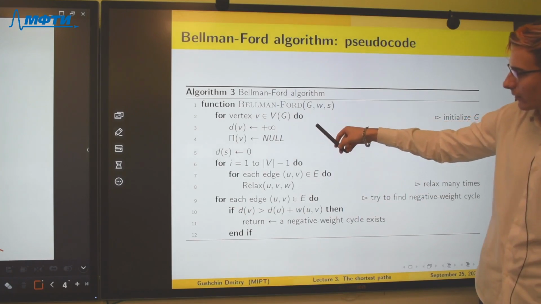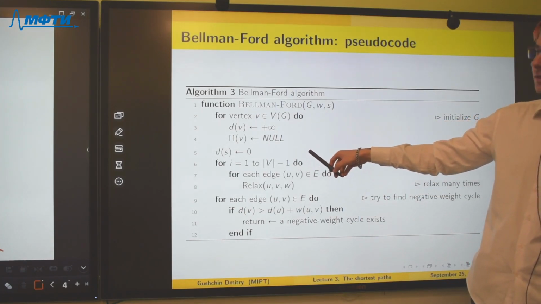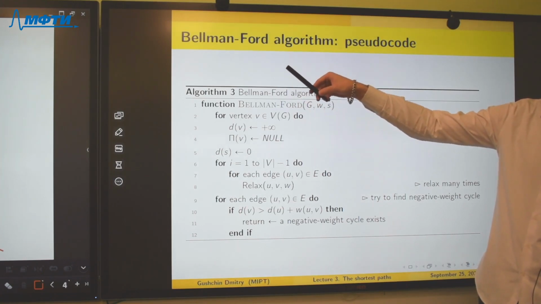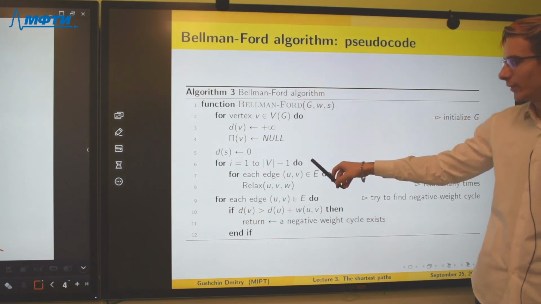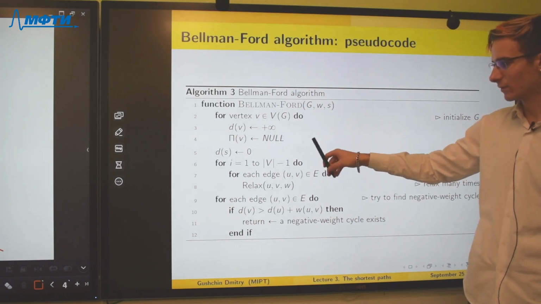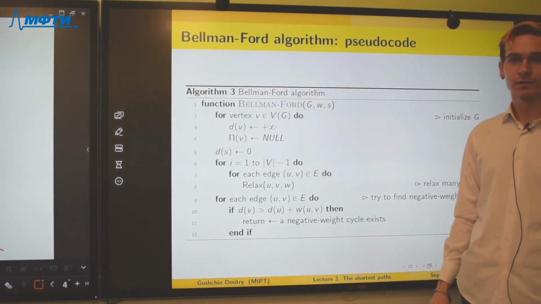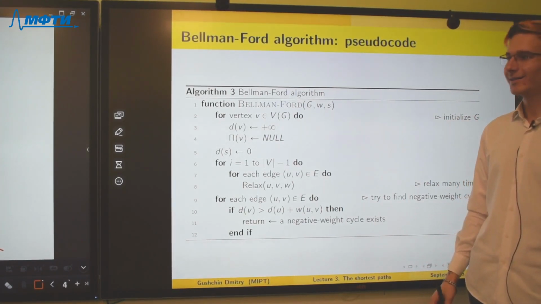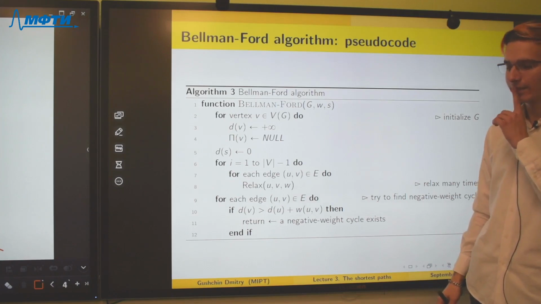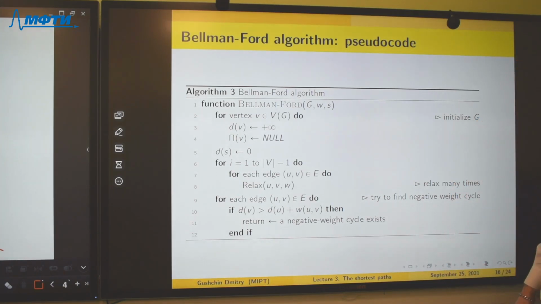We have the same initial part. We set 0 and infinite numbers, and then we relax all the edges and repeat it number of vertices minus 1 times.